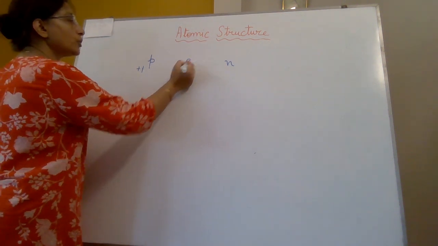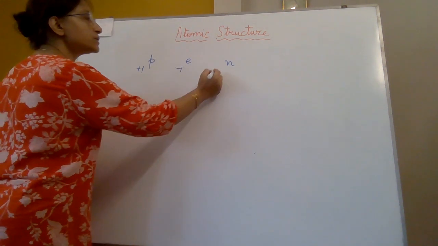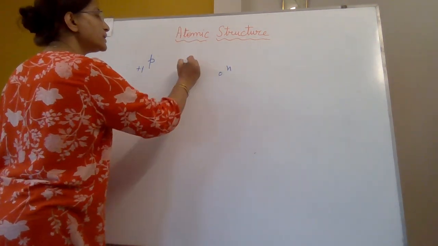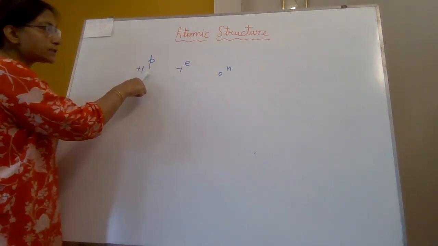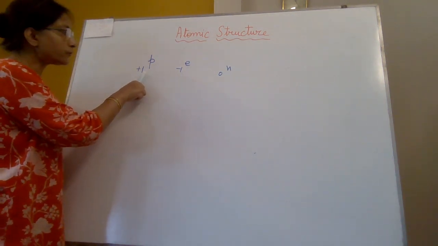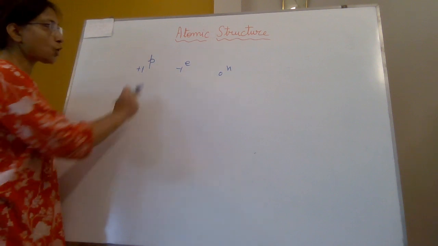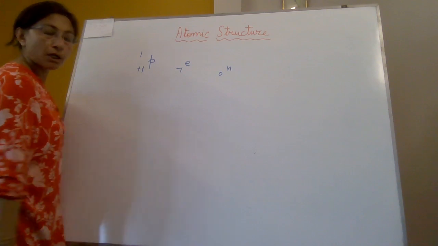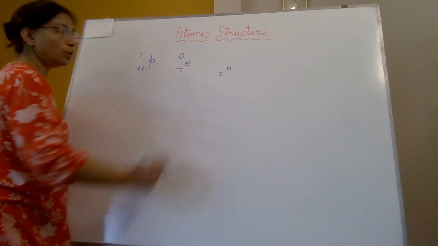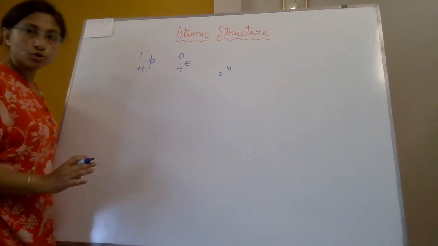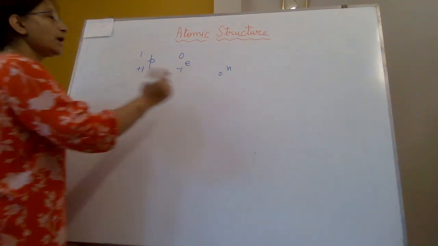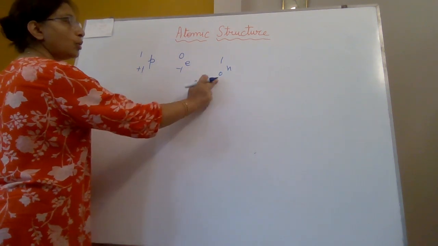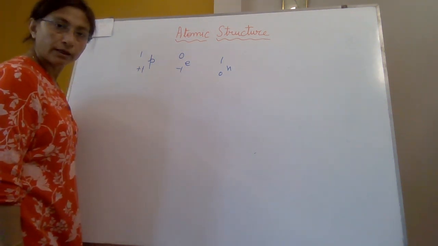So here the electron has got -1 charge and the neutron has no charge. What is the mass of a proton? The approximate mass of one proton is 1. The approximate mass of an electron is 0. It is almost negligible. It is so light in nature. And for the neutron, the approximate mass is 1. So that is how the subatomic particles are represented.